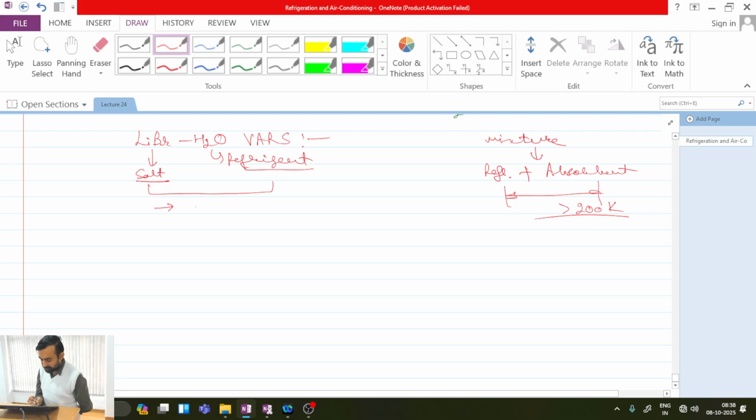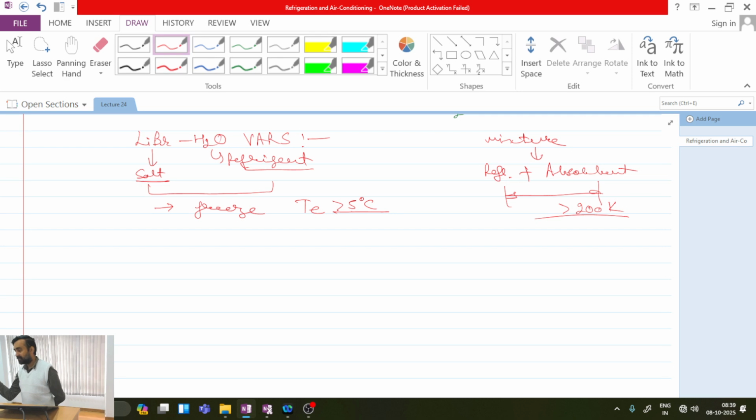First limitation: because we are using water as refrigerant, if we go to a temperature of 0 or below 0, what will happen? Water will freeze. To avoid freezing, evaporator temperature is typically maintained greater than 5 degree Celsius. So we cannot use this for applications where sub-zero temperatures are to be achieved.